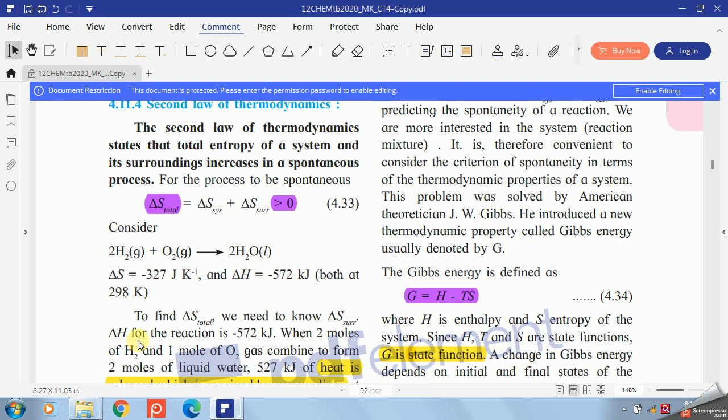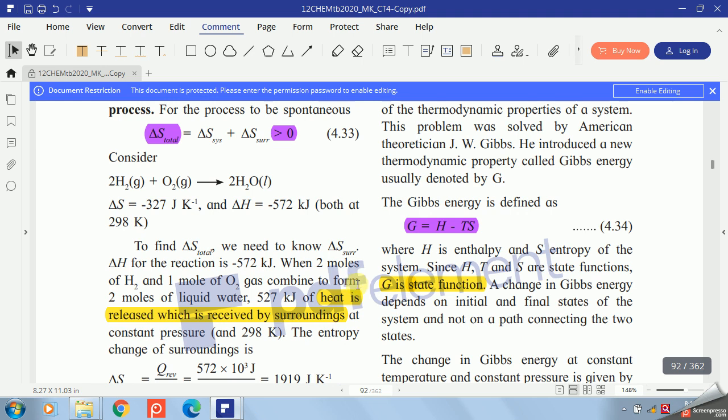So here 2 moles of hydrogen and 1 mole of oxygen give 2 moles of water. So how much heat is given out? Because the negative sign indicates that heat is given out. 572 kilojoule of heat is given out, which is absorbed by the surroundings, at constant pressure and at 298 Kelvin.